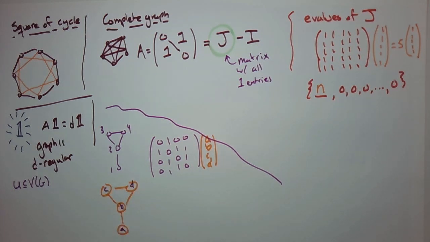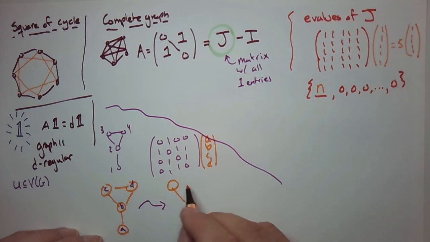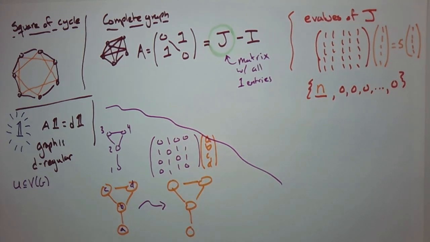Now, you mentioned multiplying. What does multiplying by our matrix do? Because you might say, well, does the adjacency matrix have really any interpretation underneath? So this arrow right here, we could call the adjacency operator.